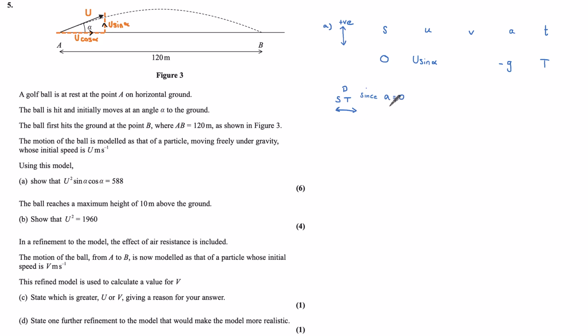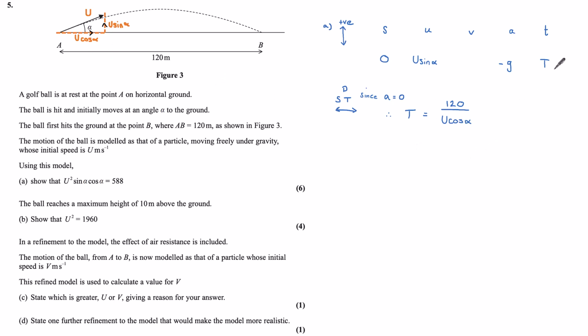And since there is no acceleration, the equation we have is speed, distance, time. Now, from the speed, distance, time triangle, time then is equal to the distance divided by the speed. And so the time that we want, our capital T, is the distance horizontally, that's 120, divided by the speed, and the horizontal component of speed is u cos alpha.